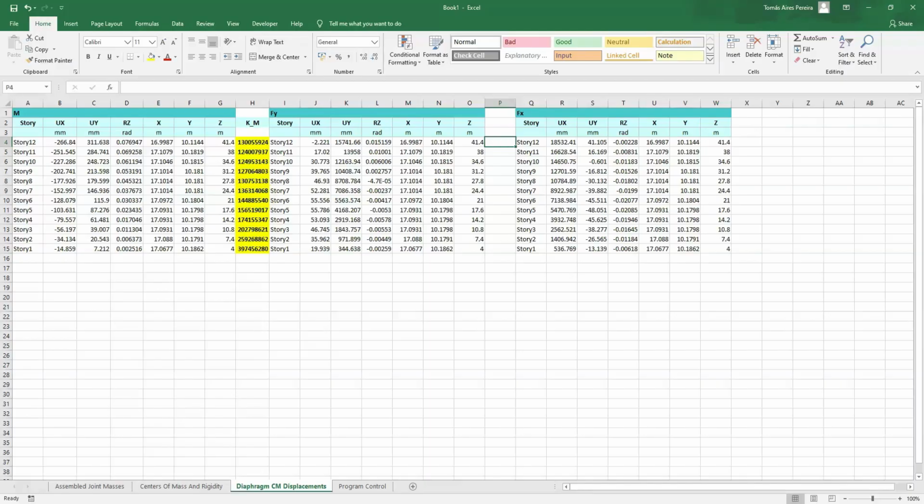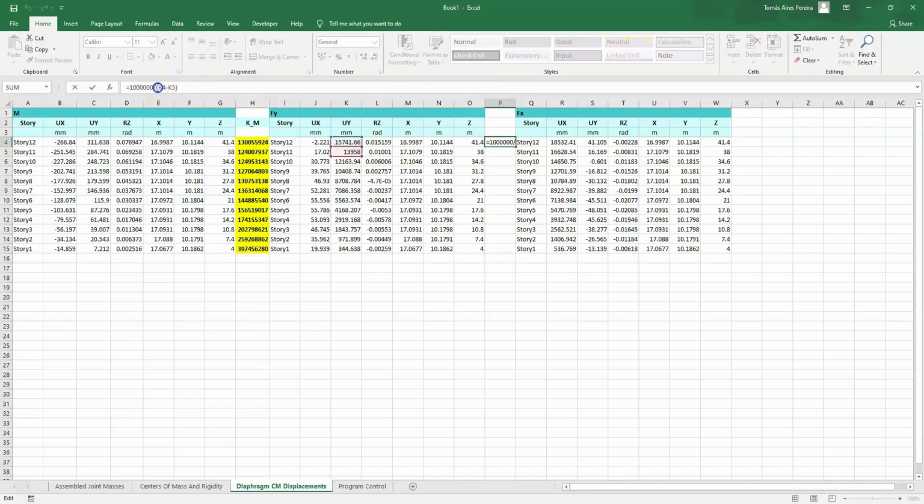Now we are going to try to do the same for the translational displacements and calculate the stiffness. Taking into account the applied horizontal force and the relative displacement in the two horizontal directions. These displacements we are calculating are displacements at the center of mass and not displacements at the center of stiffness.